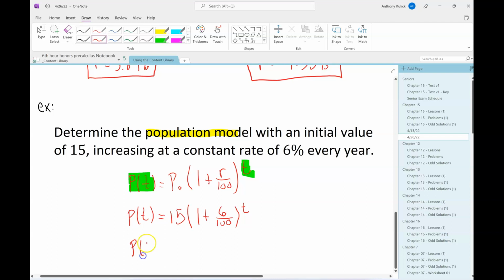And if I simplify that down, 1 plus 6 over 100 is 1.06. And I should probably state that t is in years here, since the rate was every year.